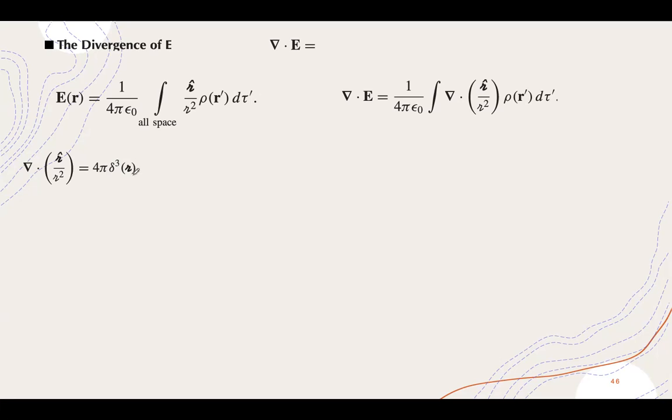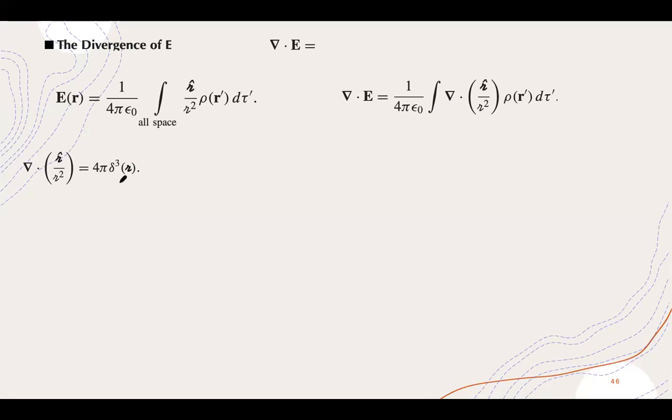Cube, because we are talking in 3 dimensions here. If it is 1 dimension, then we can generally say delta of x, or delta y or delta z. But this is a 3-dimensional object, so we call it delta 3 of r.